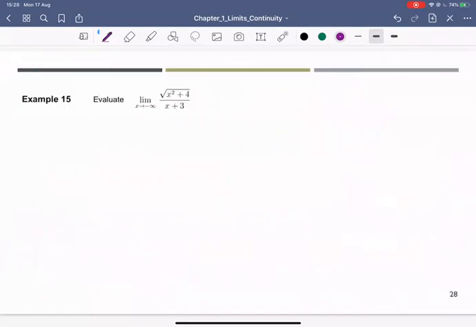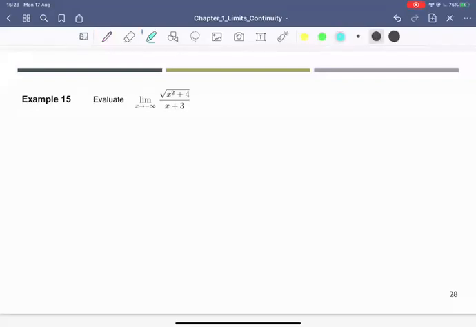This is the one where students usually fall into the trap and give the wrong answer, because when they pull something out of the square root sign, they forget to attach the negative one. All right, so let's do this together. The limit of the square root of x squared plus 4, over x plus 3.